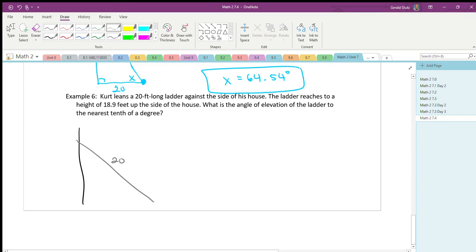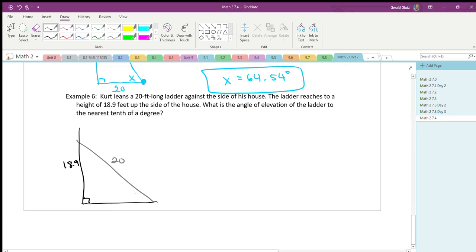The ladder reaches to a height of 18.9. So this height from the ground to where the ladder touches the house is 18.9. And the ground and the house form a 90-degree angle. So what is the angle of elevation of the ladder to the nearest tenth of a degree?